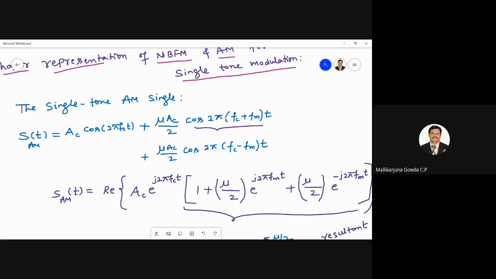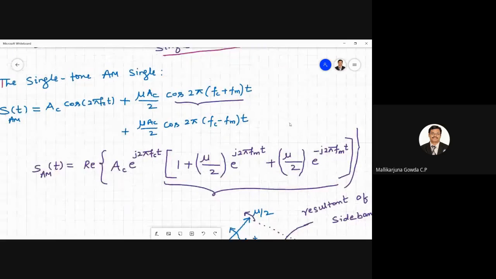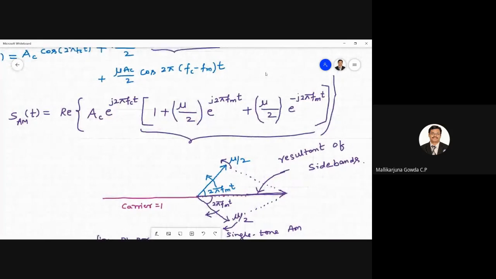Similarly, for this also we can write e power j 2 pi of fc plus fm into t, with magnitude mu into AC by 2. Similarly, for the third term, I can write mu into AC by 2 e power j 2 pi of fc minus fm into t, right? So I took e power j 2 pi fct into AC as common among these three terms, and I segregated that and wrote the simplified form, right?